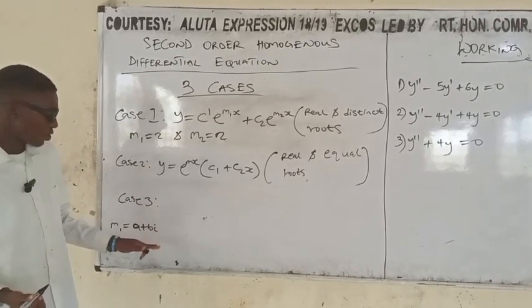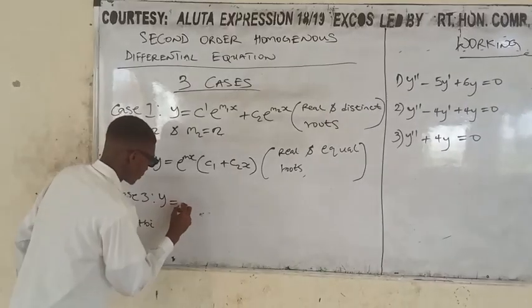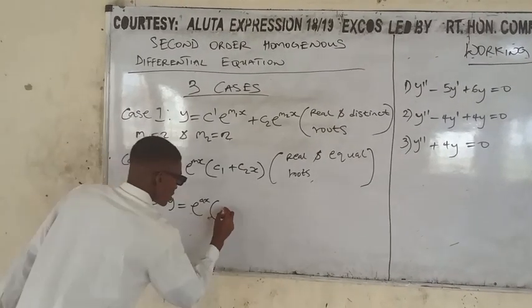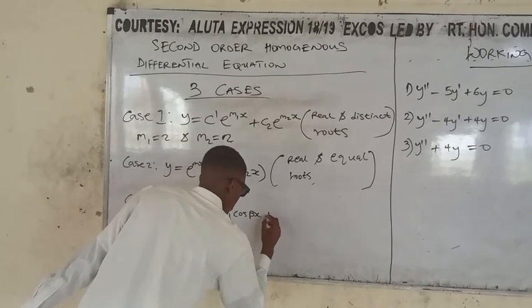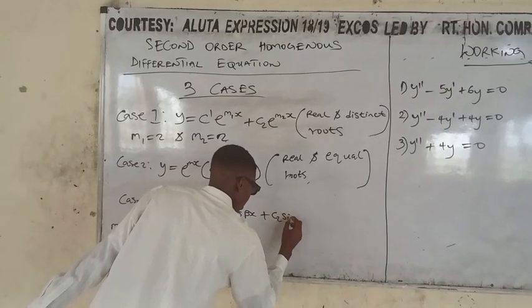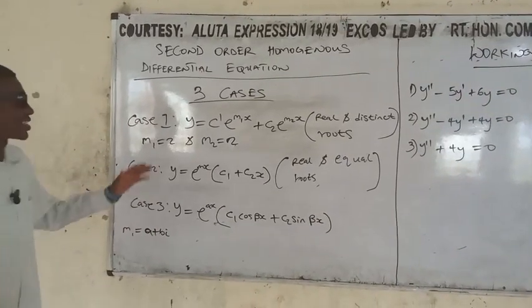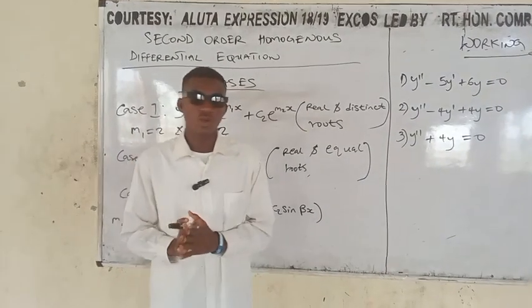After solving your auxiliary equation and you got a complex number, your general solution will be y = e^(ax)(c1 cos bx + c2 sin bx). These are the three cases you need to know in order to solve a second order homogeneous differential equation.